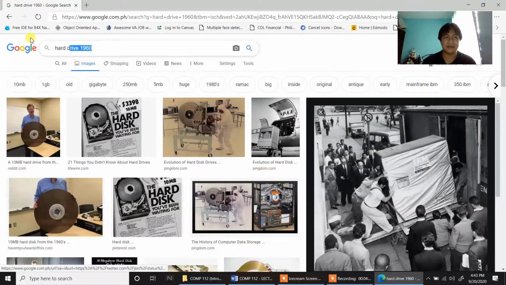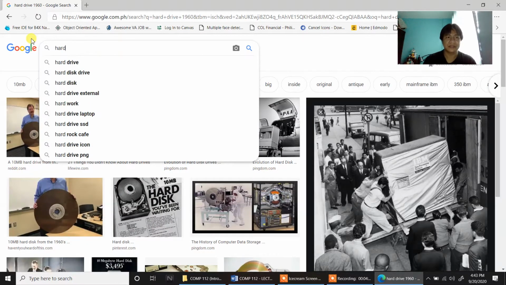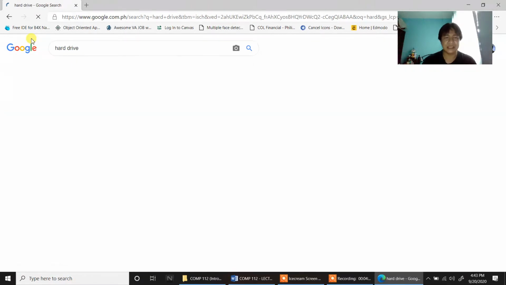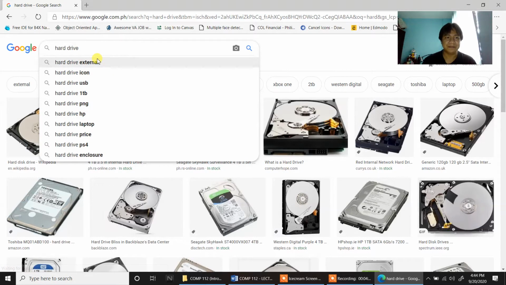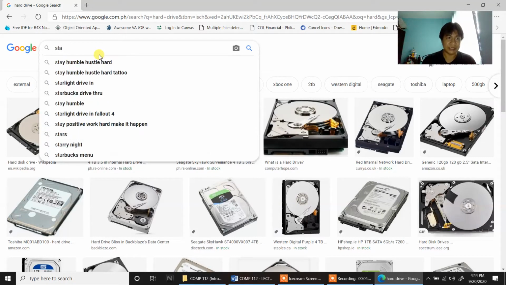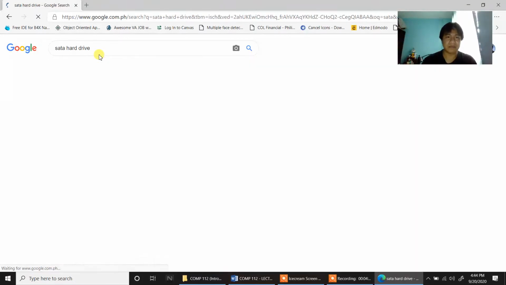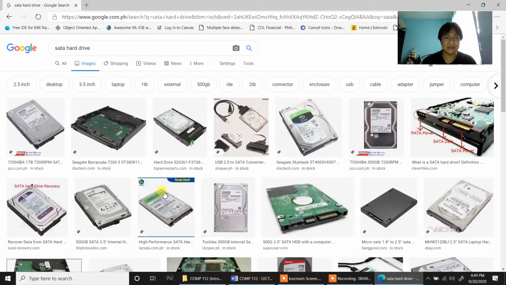The hard drive before, for example, was mechanical. Right now our hard drive is an SSD, a smaller hard drive, the SATA hard drive. So they are smaller now.